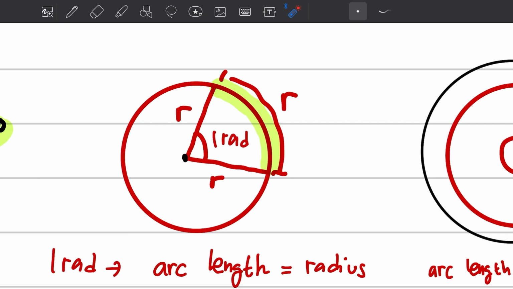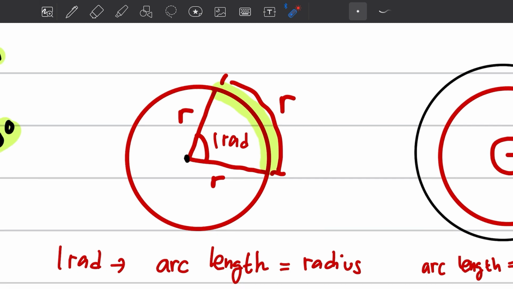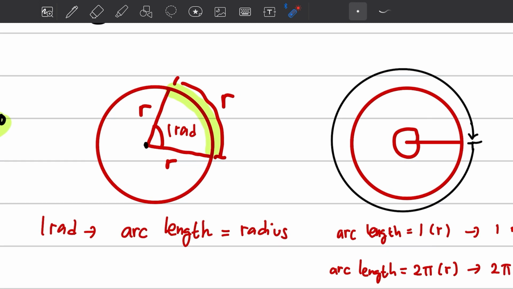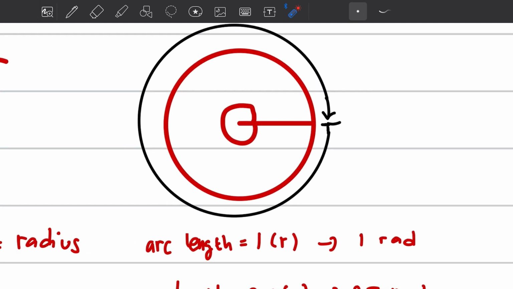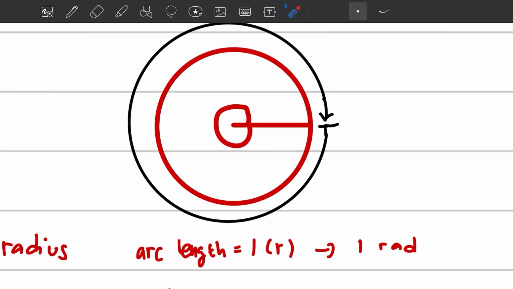Now, we already know how big 1 radian is. But the next question is, how many radians do we have for one full circle? So, let's look at this circle. We already know that when we have an arc length equal to 1 radius, it will create an angle of 1 radian. Now, what if I take my arc length equal to its circumference, which is the full circle? We already know the formula of the circumference.